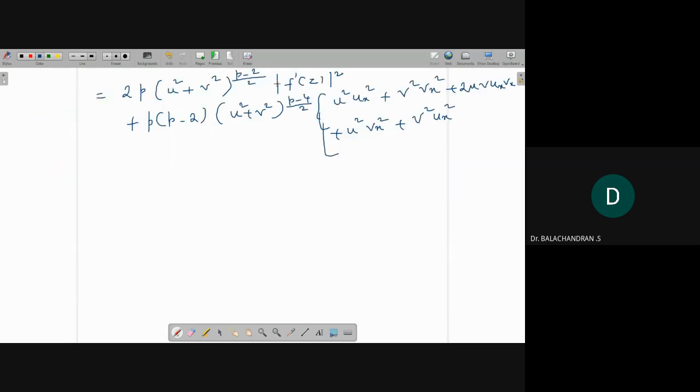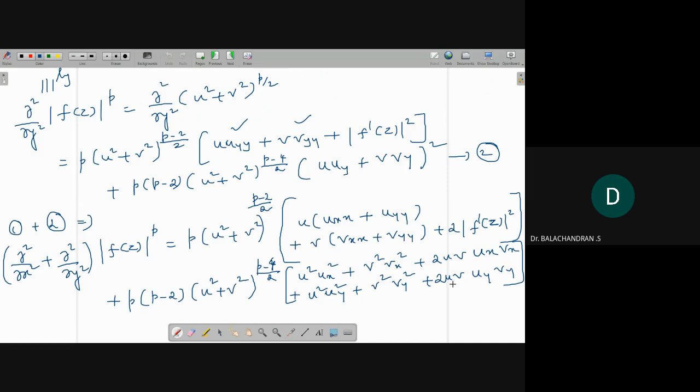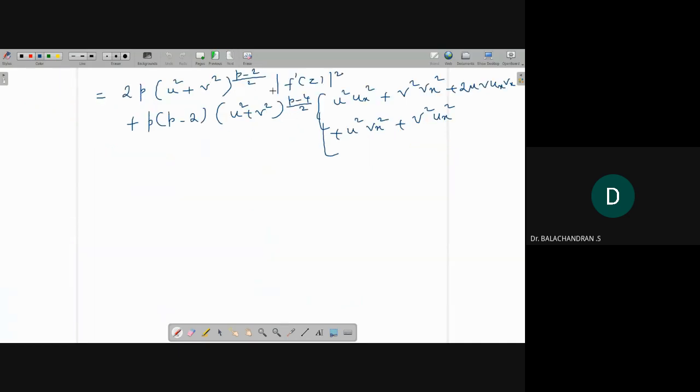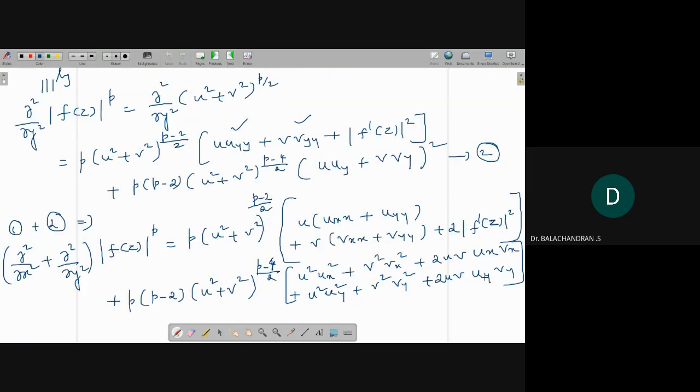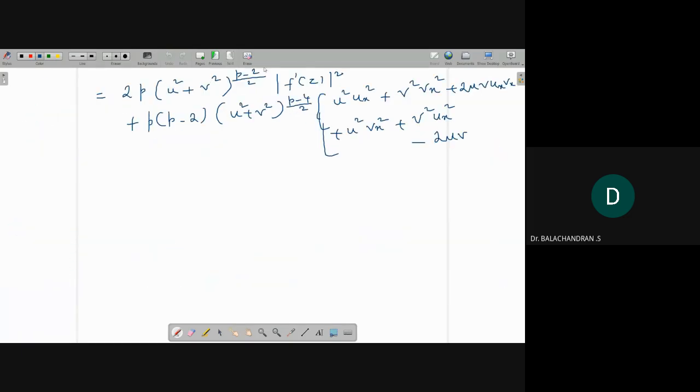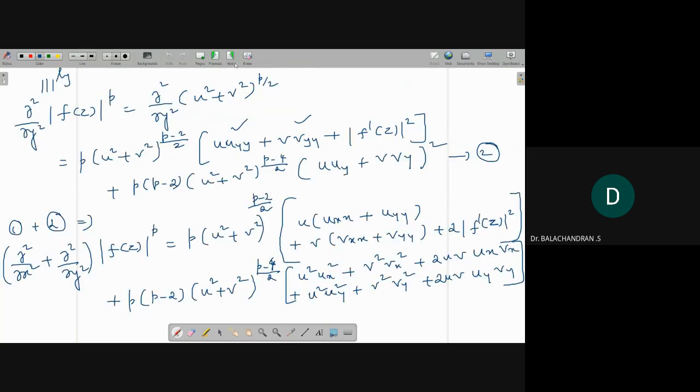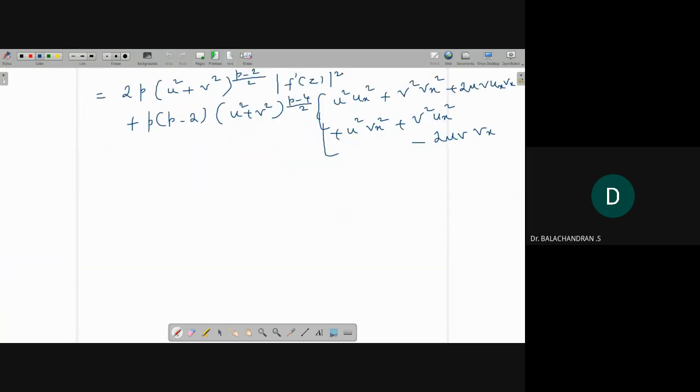And then here minus 2uv: uy is minus vx, and vy is ux, so you can cancel these two.